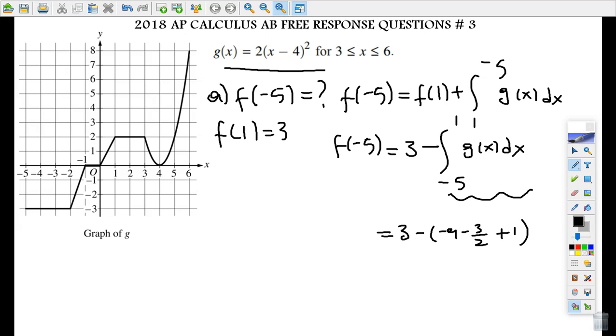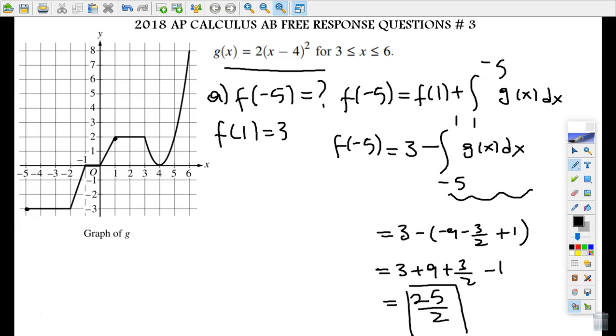If you calculate the area under the curve from -5 to 1, right here, we get this expression. If you simplify it, we get 3 plus 9 plus 3/2 minus 1, and it's going to be equal to 25 over 2.